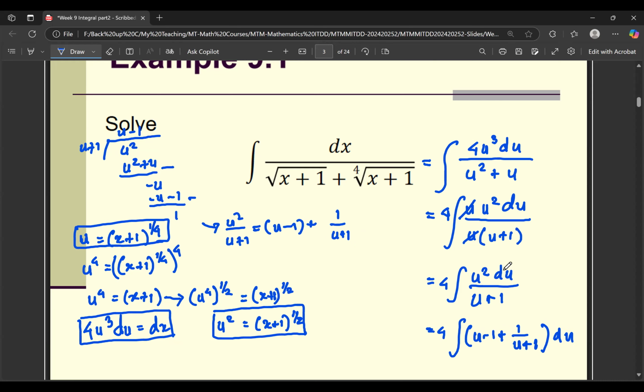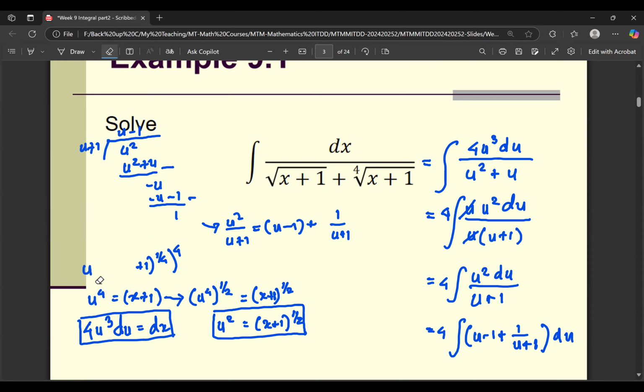Okay, this is the integral, and we look at that the last integral is easier than before, so we can solve the integral easily.